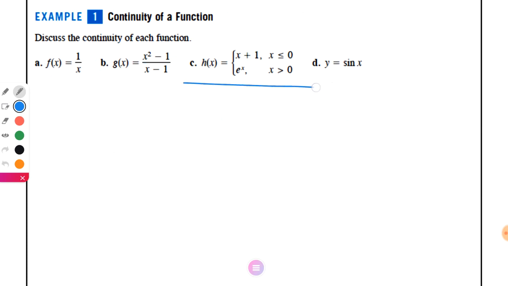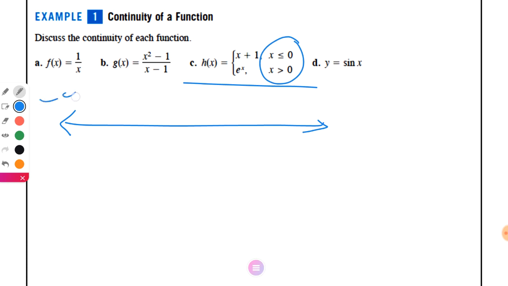In h of x, I have to discuss the continuity of this function, which is a piecewise function, on the entire real number line. Here, 0 is the value of x at which we have two different rules, at its right and its left. For x less than 0, it is x plus 1. For x greater than 0, it is e to the power x.